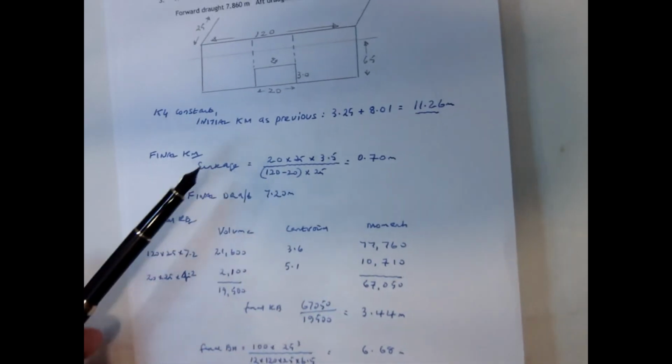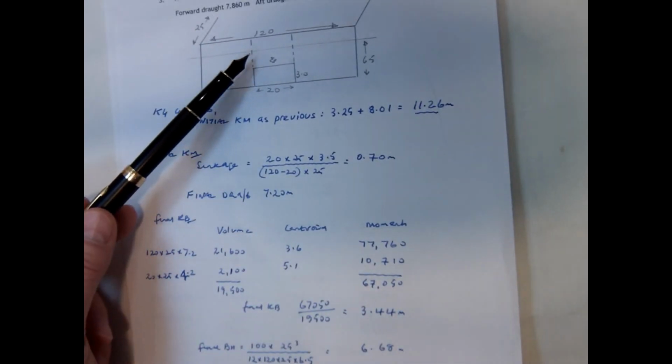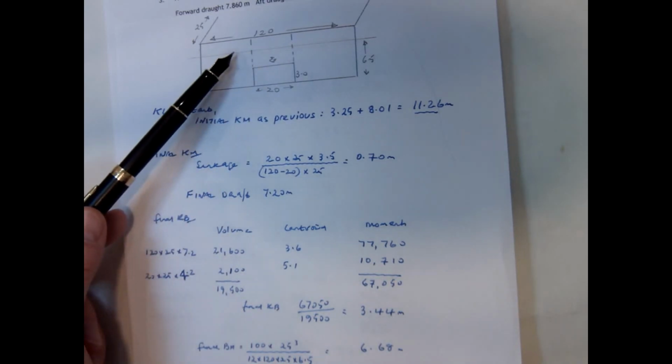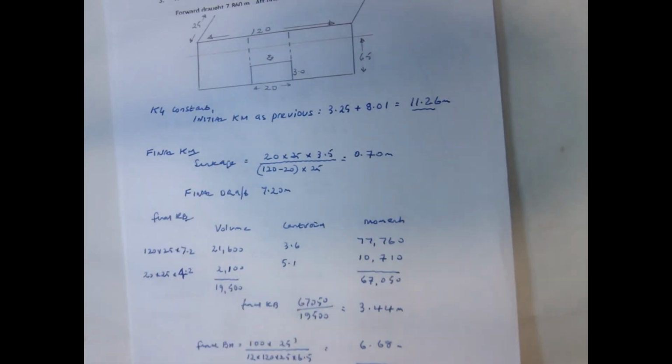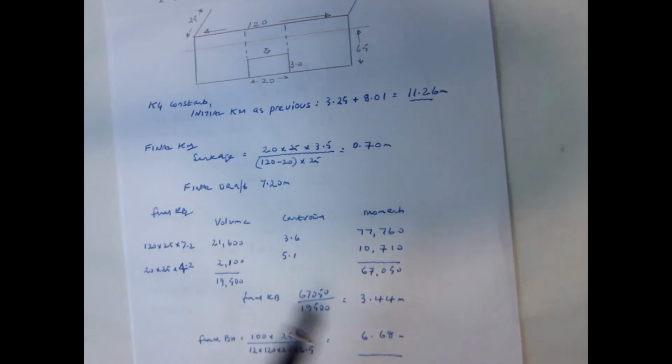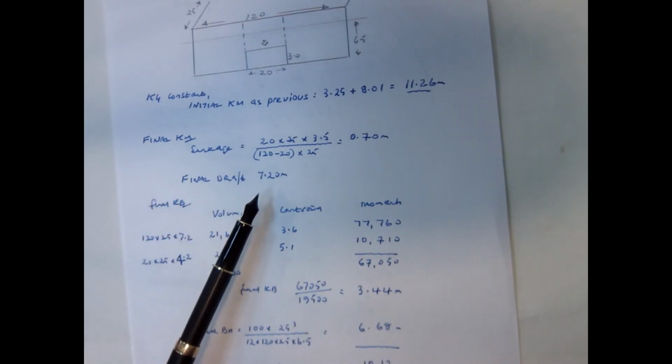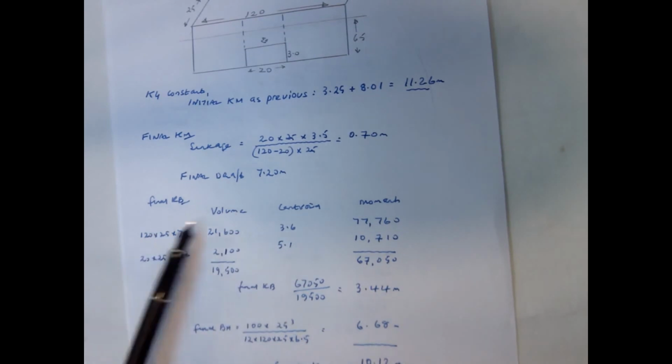Now in this example here we're going to be bilged above the flat, so our length is going to be compromised. Obviously the KG is still 11.26. Final KM, get the final draft, the normal procedure. KB again, the volume and the moments we have to use.